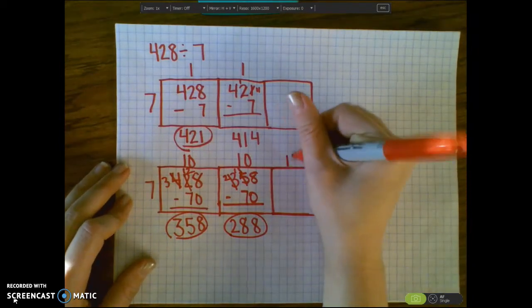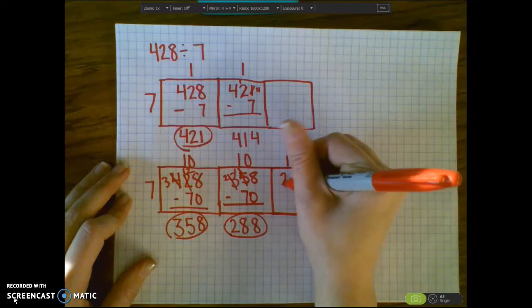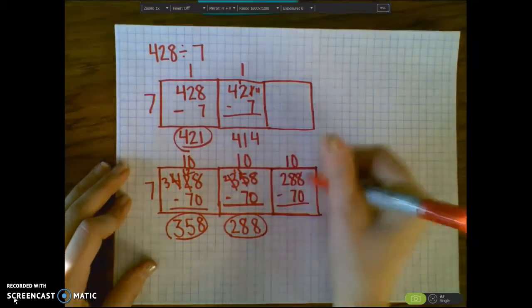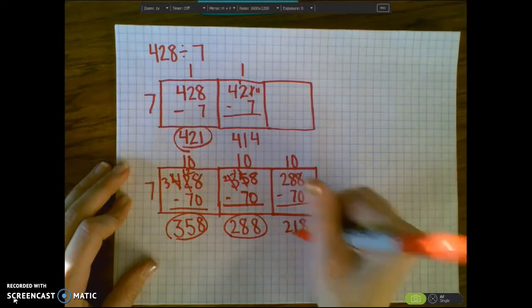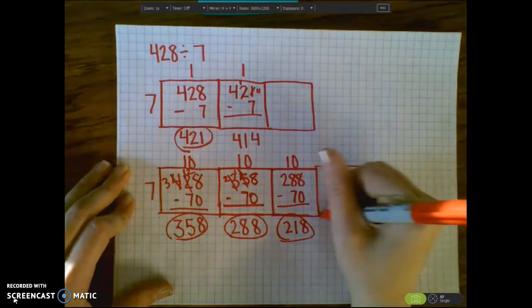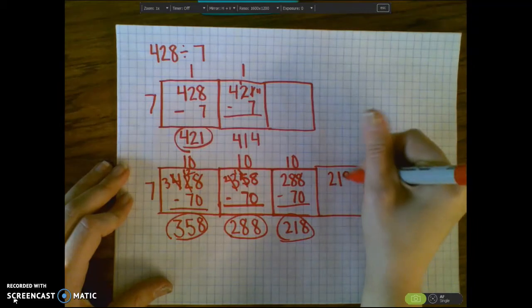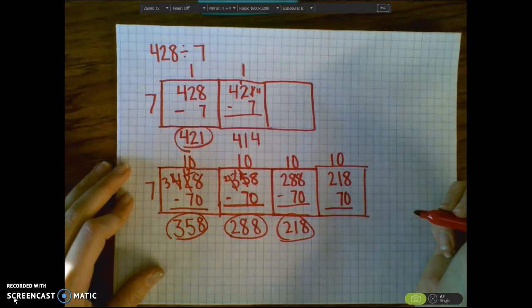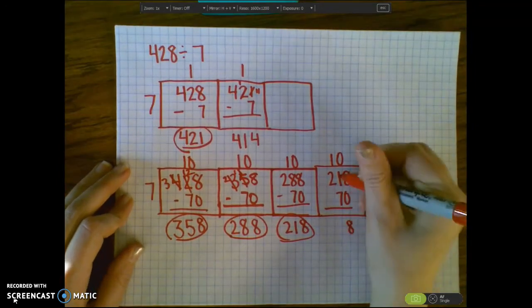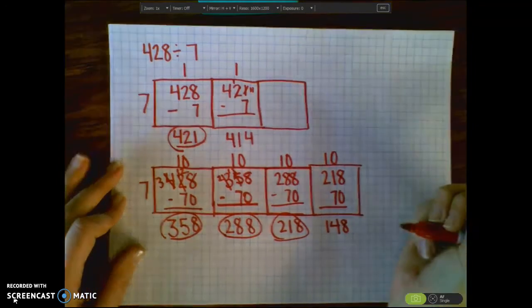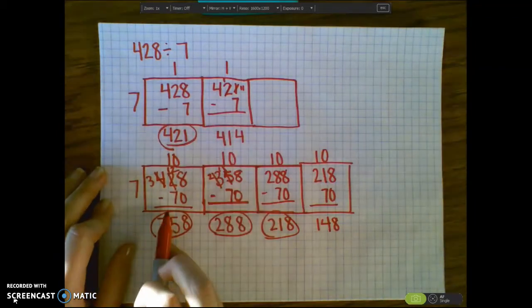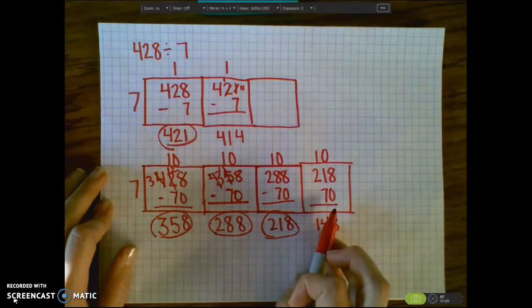So if I were to continue, 10 groups of 7 is 70. I subtract, continue moving the dividend up to the top. I could do that. As you can see, instead of just taking 7 away each time, I'm taking 70 away each time.